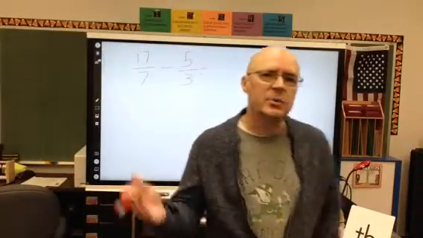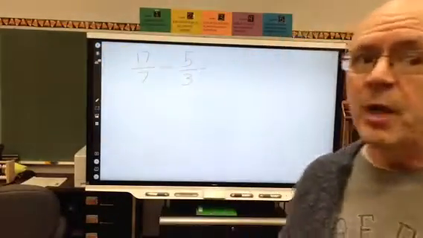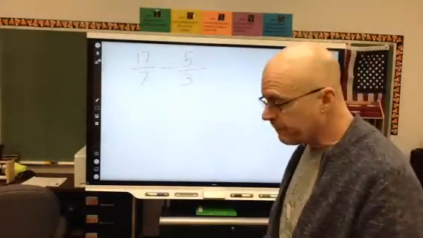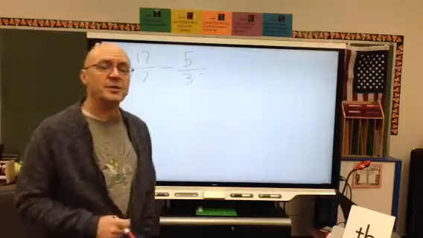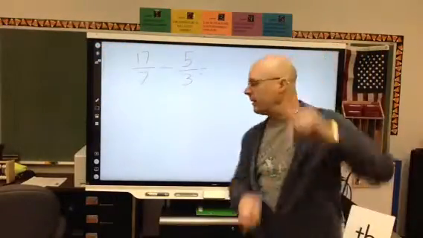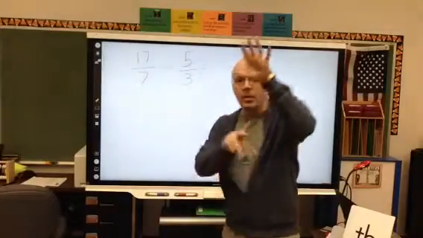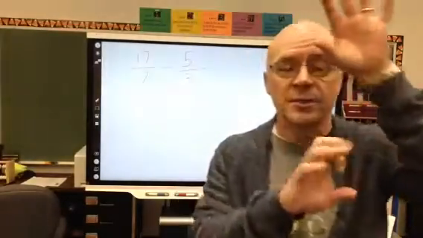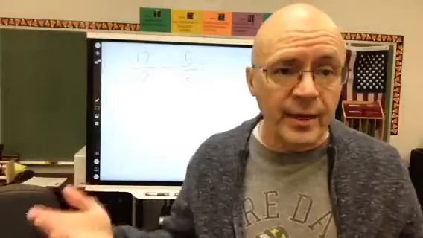Last couple days before Christmas break, we have been talking about this idea of adding and subtracting fractions that do not have common denominators. Now, we know that when we add and subtract fractions, the denominators must be the same. Remember, the denominator, the number on the bottom, tells us how many pieces it takes to make one whole thing.